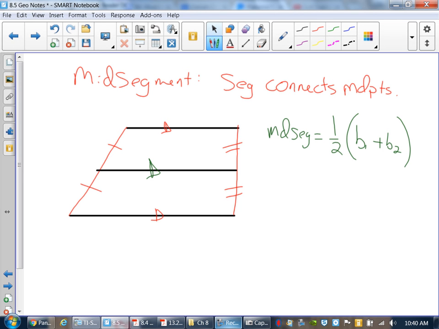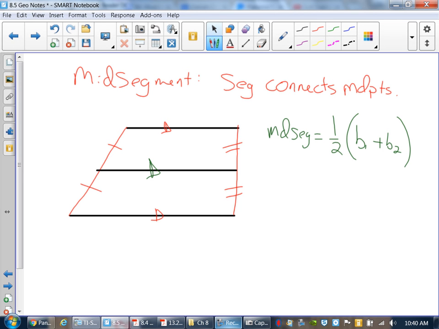Now, what's one way that you could get rid of a fraction? Multiply by what? Reciprocal, good. What's the reciprocal of a half? 2/1. So if I want to get rid of this fraction, another way to write this out is the following.